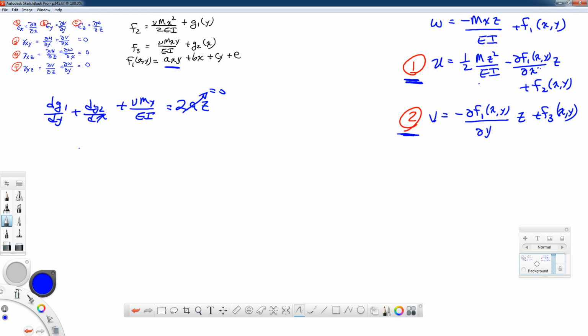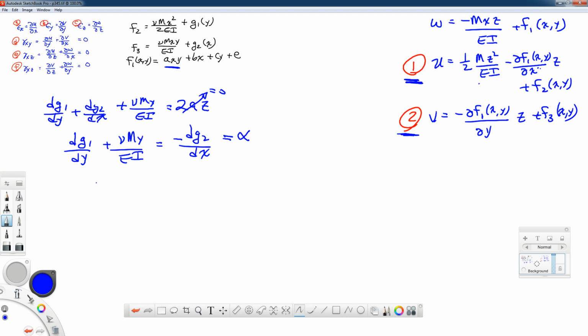We can get the functions of y on one side, so that's dg1 dy and nu my over ei, and that would be equal to minus dg2 over dx. Now we have a function of y on the left hand side, and we've got something on the right hand side that is not at all a function of y. So the best that we can have, the highest order that we can have, is that this is equal to a constant.